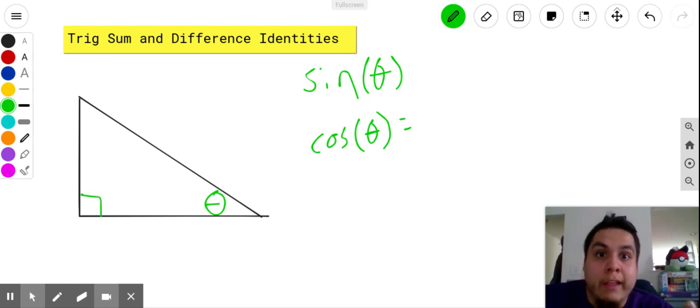Not a specific number, but in general, what does a sine ratio represent? What two sides of the triangle are you comparing? Same with the cosine, right?